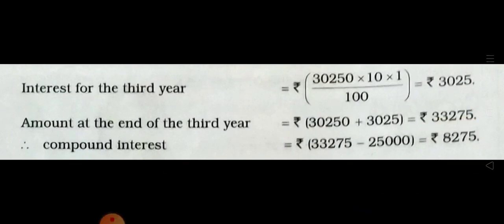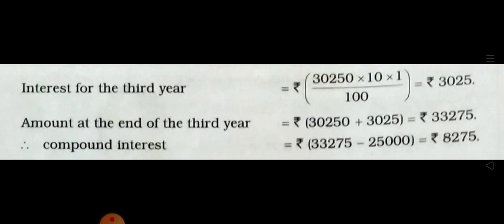So the compound interest will be the total amount at the end of the third year minus the principal at the starting period. So that is 33,275 minus 25,000. So the total compound interest compounded annually at a rate of 10% for 3 years was 8,275. I hope that you have understood this question.